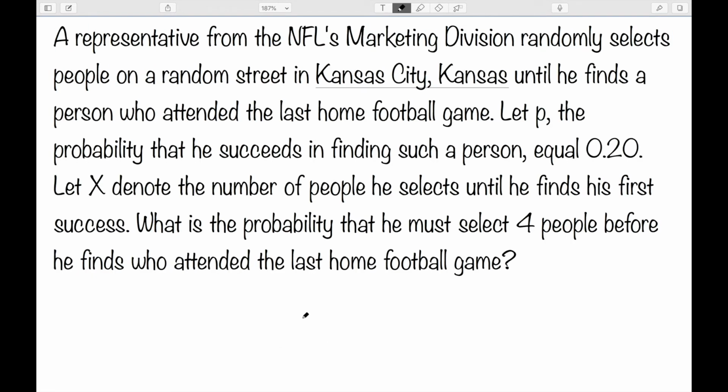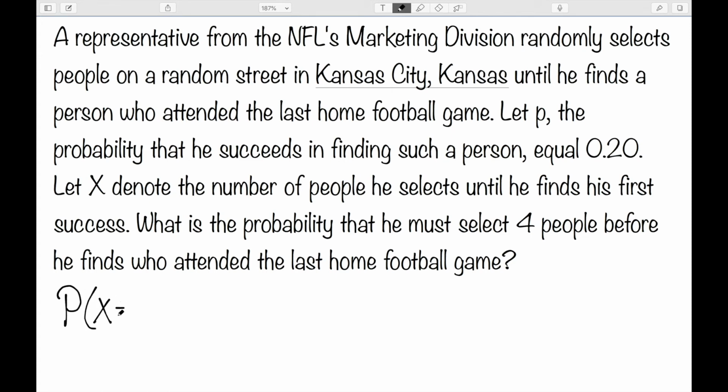Let's suppose we have a representative from the NFL's marketing division who randomly selects people on a random street in Kansas City, Kansas, until he finds a person who attended the last home football game. We're going to let p, which is the probability that he succeeds in finding such a person, equal 0.2, and x is going to denote the total number of people he selects until he finds the first success. So it's the probability he must select 4 people before he finds one who attended the last home game.